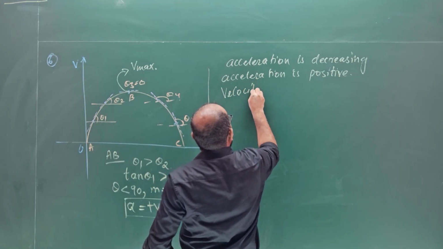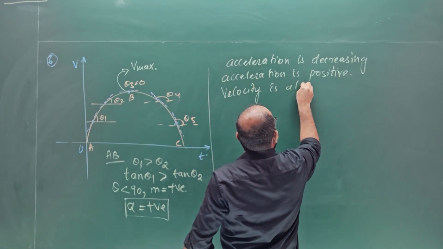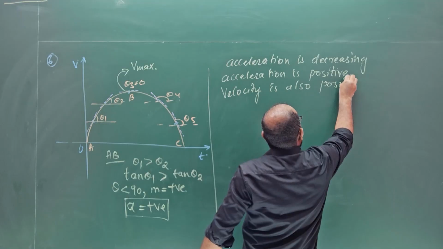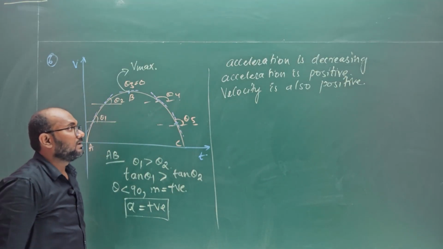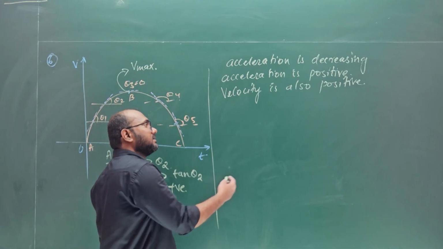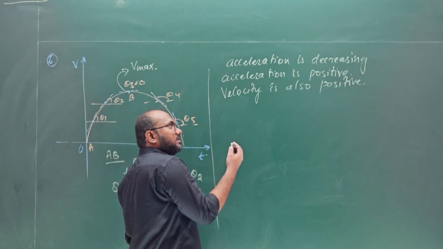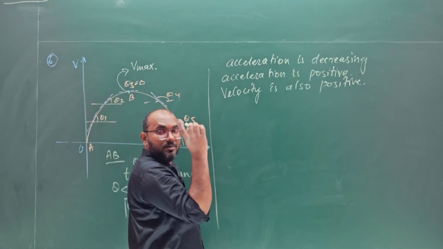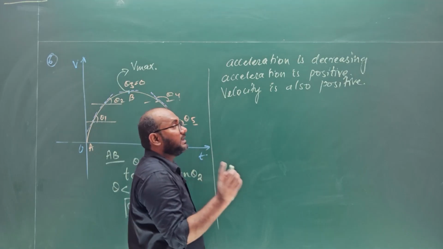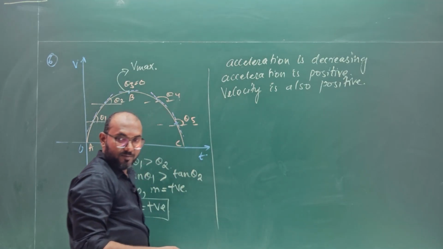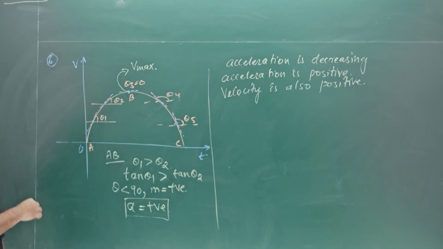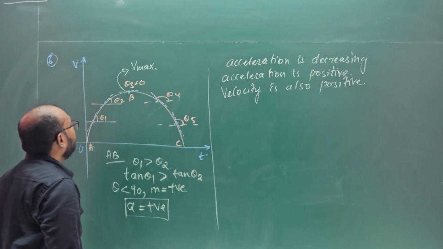Velocity is also positive. Both are moving in the same direction, or opposite direction? Same direction. That means from A to B, acceleration and velocity are both in the same direction, but velocity is increasing while the acceleration value is decreasing. I got my point. Just we saw in the example now, from A to B, acceleration is decreasing, but velocity is increasing. Okay, anything else we can comment over here?